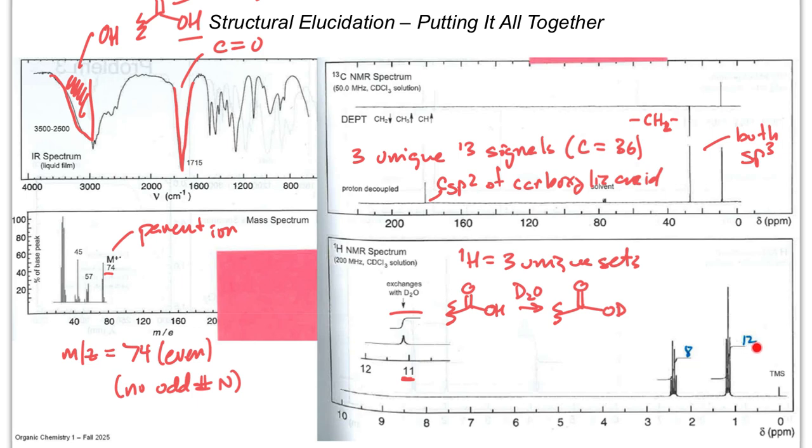We're going to take those numbers, divide by some other number to get the actual attached hydrogens. So of 8 and 12, what do you think we should divide by? What number? So we'll divide by 4. So that gives us 3 and 2.